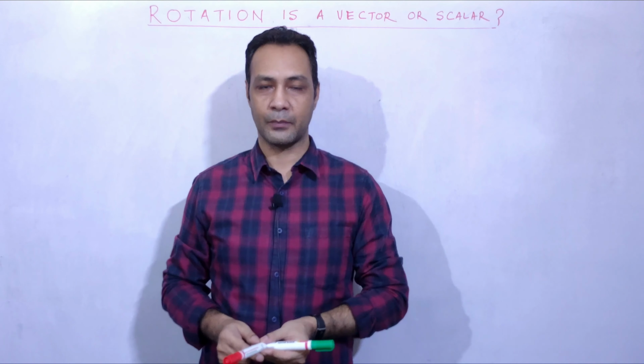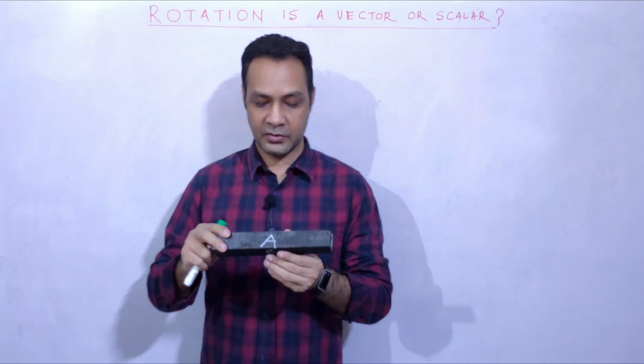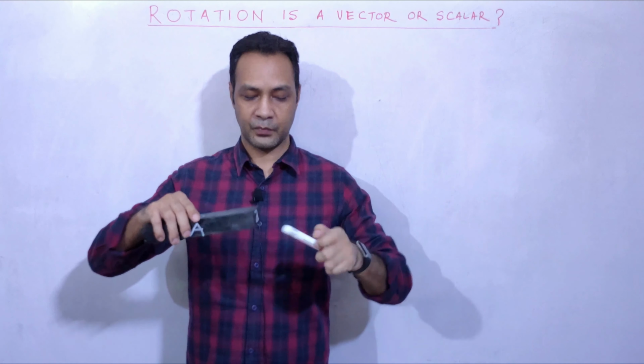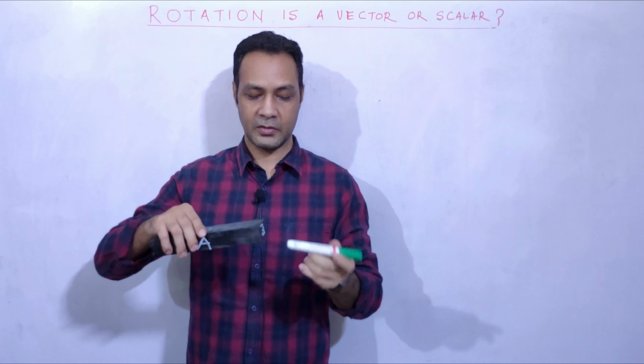Now start again from the same initial position, and this time we will first rotate it counterclockwise about the y-axis. I give a 90 degree rotation and the body reaches this position, and you can see D written over here.